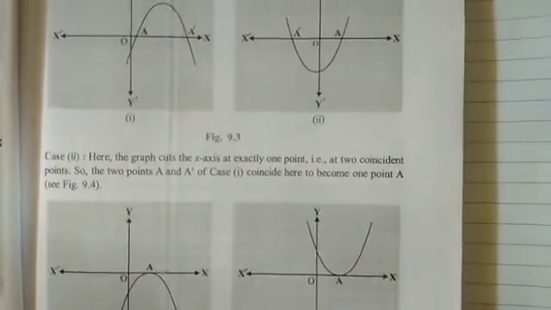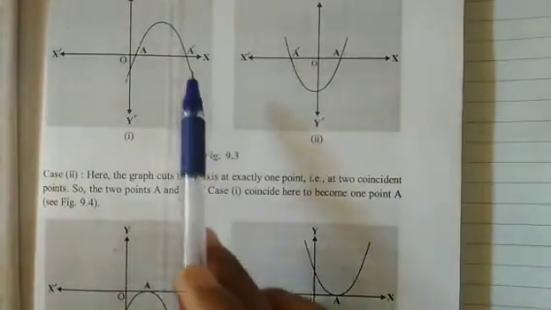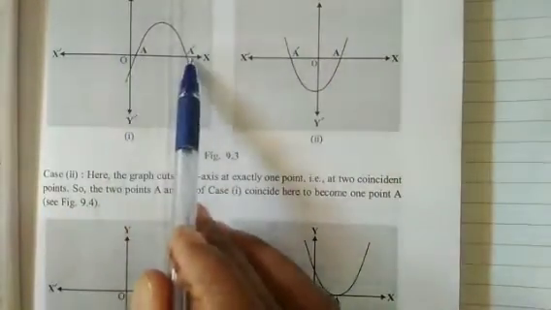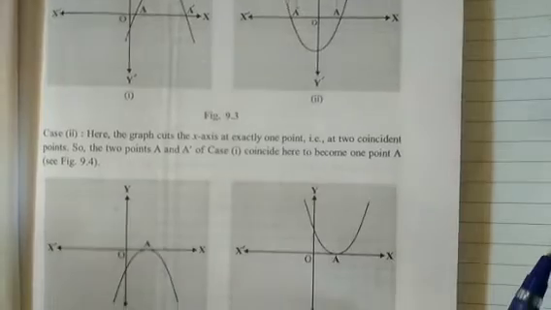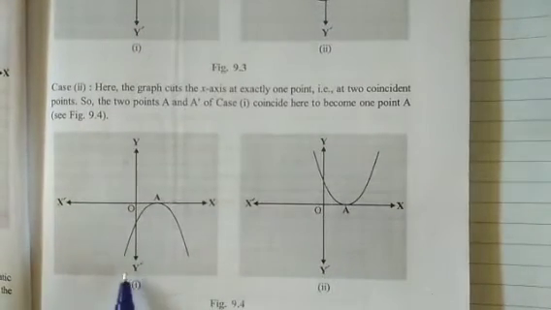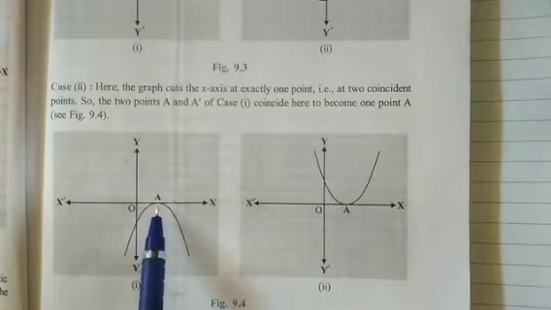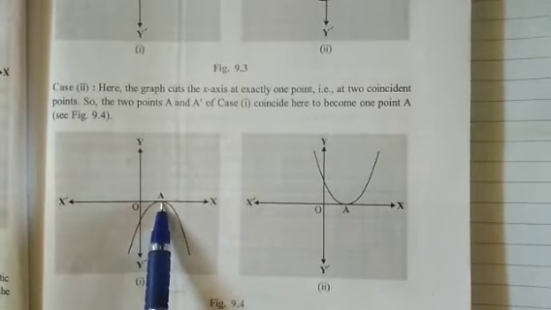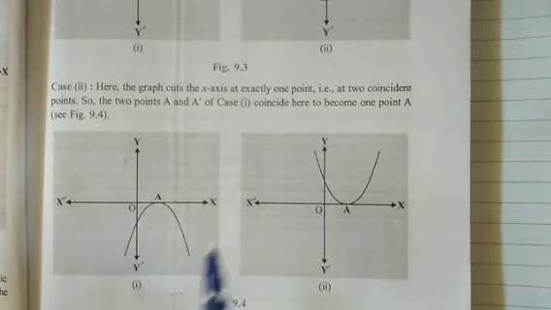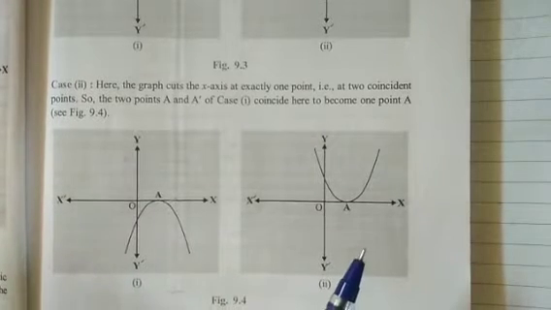So the 2 points A and A dash in case 1 coincide to become 1 point A, as shown in figure 9.4.